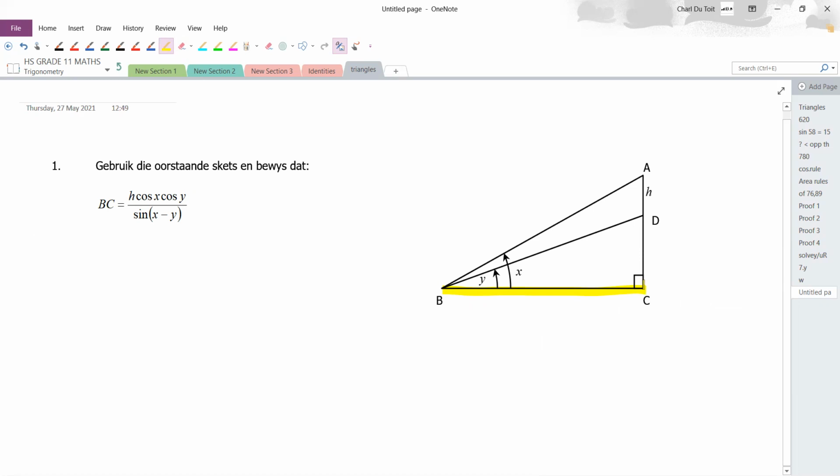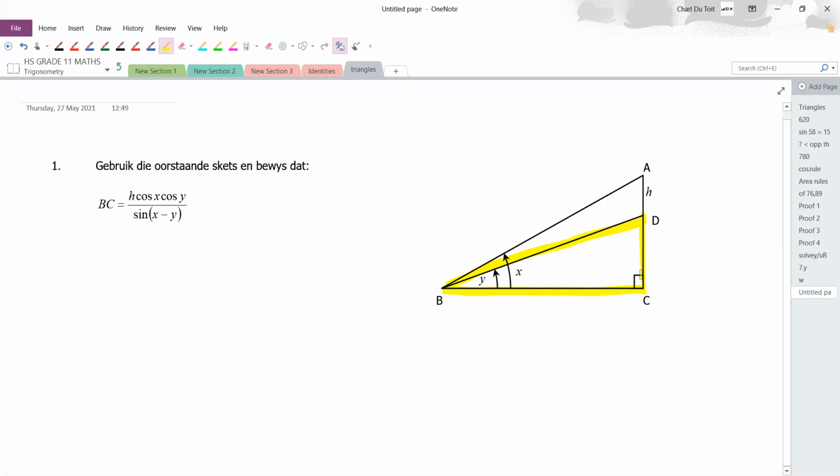So I'll probably have to use both. I can decide which one I want to use first. Doesn't matter. What is nice about these two triangles? They have 90-degree angles in them.